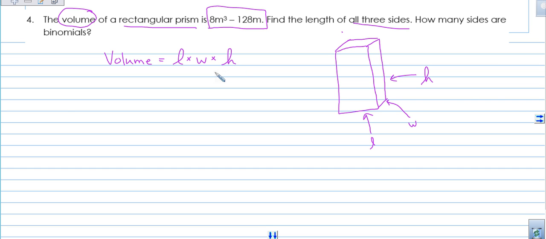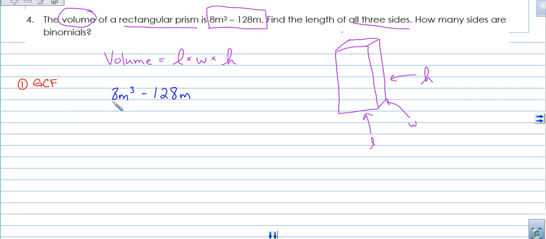Okay? So, we take our 8m cubed minus 128m. Okay? Step number 1, we're going to look for a GCF. So, I want to find a GCF.